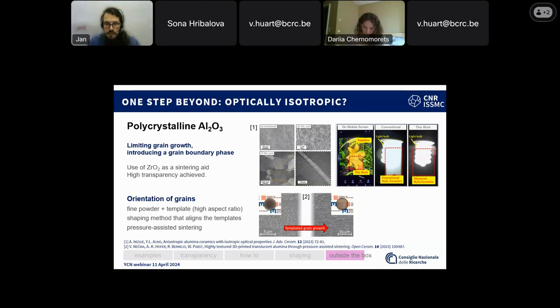Here we can see sample delamination after uniaxial pressing. It happened because we used quite a fine powder.